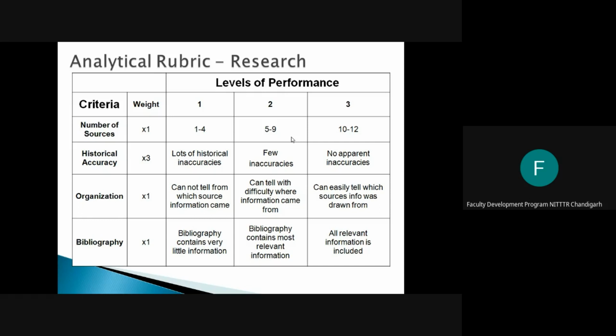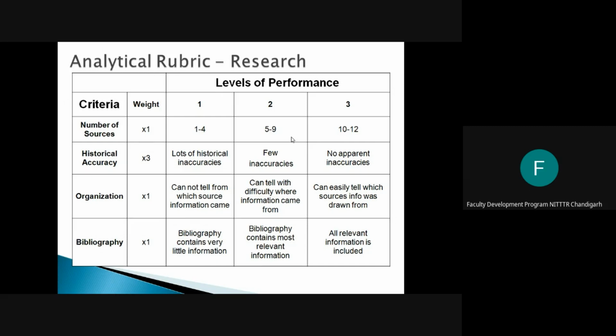Organization, how the student has organized the content in the research paper. If the teacher cannot tell from where the information has come, then the student is at level 1. Can tell with difficulty where the information came from, then the student is at level 2.